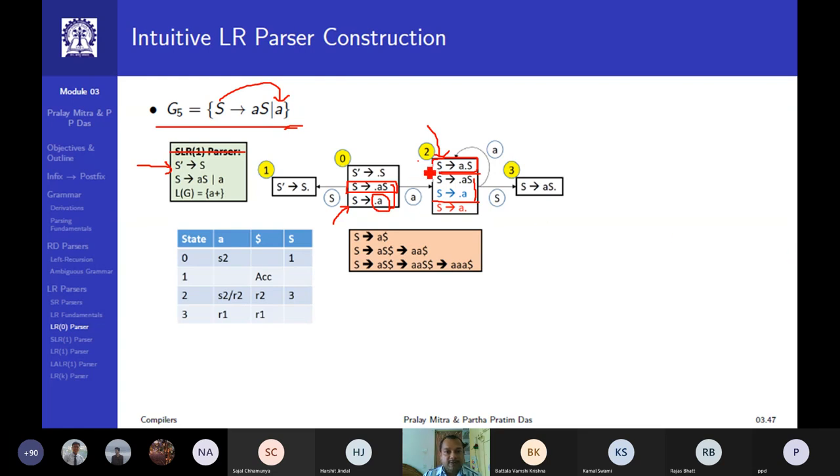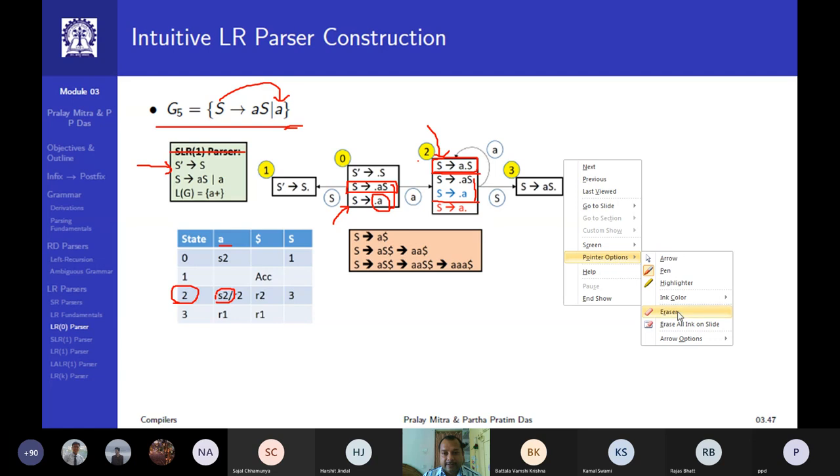Right? Now the situation is at state 2 in the parsing table. If I see A, then item 2 and item 3 suggest you self-loop and shift, so S2 it suggests.